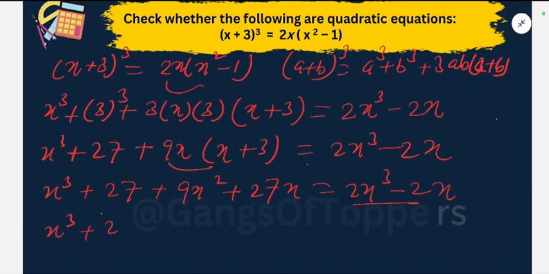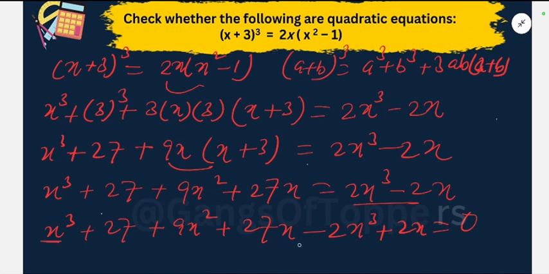So x cube plus 27 plus 9x square plus 27x minus 2x cube plus 2x equals 0.